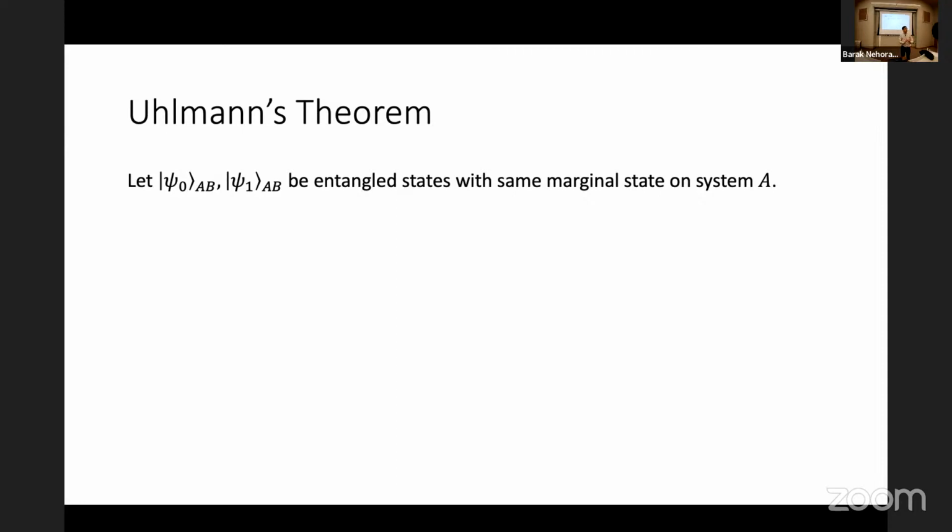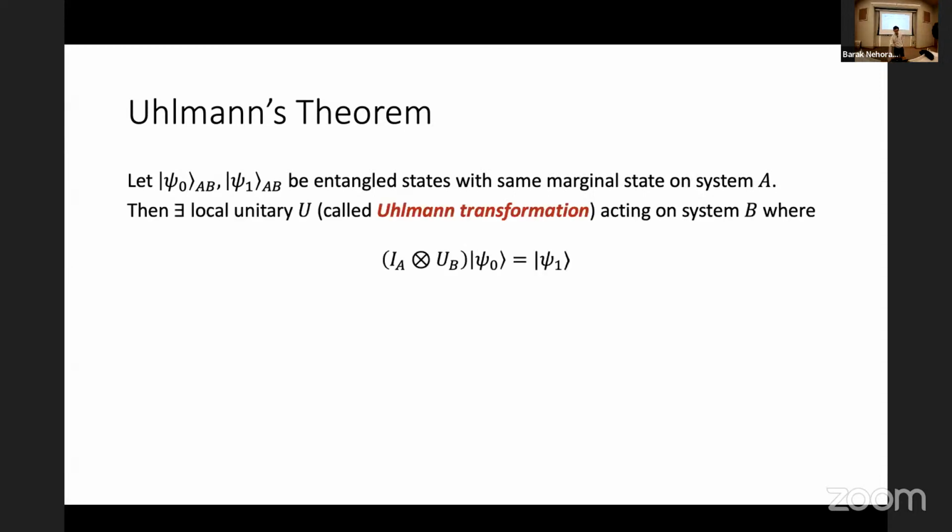These 2 states are not the same, but you can think of it as the marginal distribution looking the same on the first half. Then Uhlmann's theorem says that there exists a local unitary, only acting on the second half, system B, that transforms the first entangled state to the second entangled state.